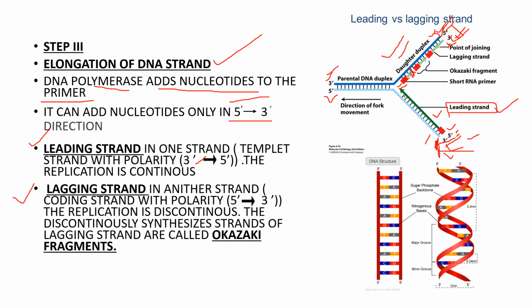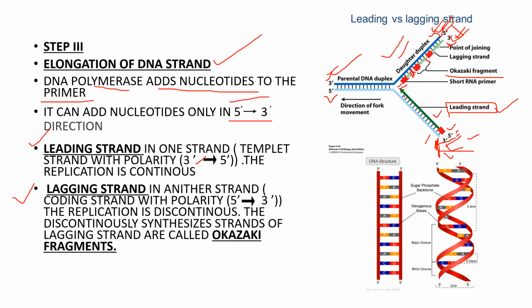And again, a small stretch of RNA primer and then newly synthesized strands will be added here. So the synthesis of the DNA strand will be discontinuous. The replication is discontinuous on the other strand, on the strand which has the polarity 5' to 3'. And these discontinuously synthesized fragments, we call them Okazaki fragments here.